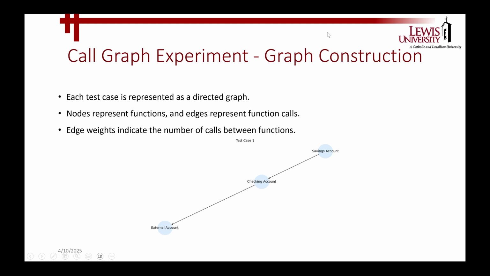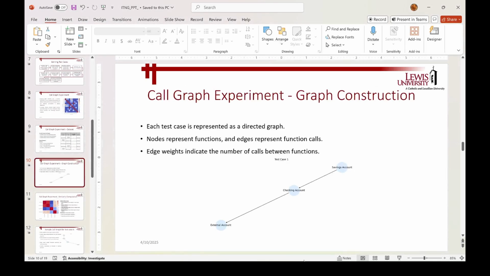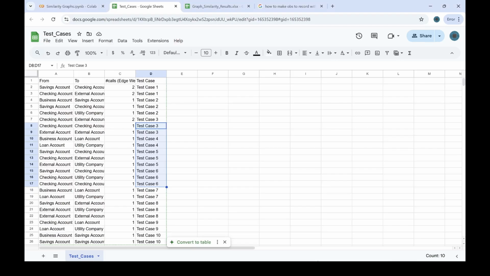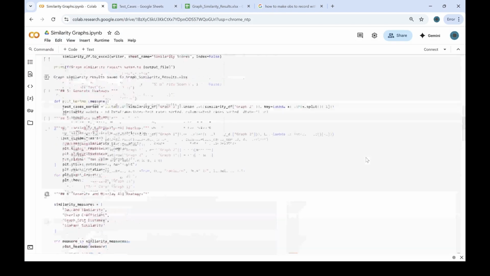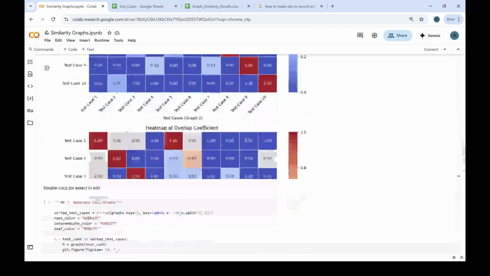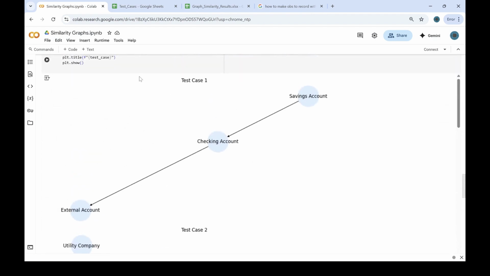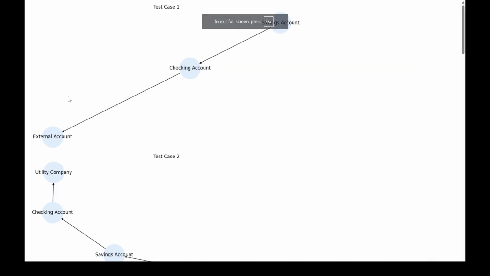Again, let me show you these call graphs. These are the graphs of each test case. As we can see, these are the nodes: saving account, checking account, external account, and these are the edges.